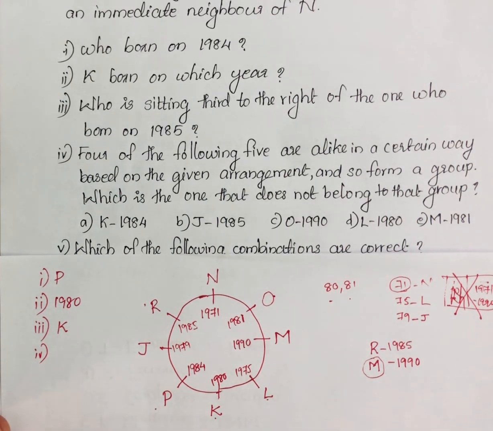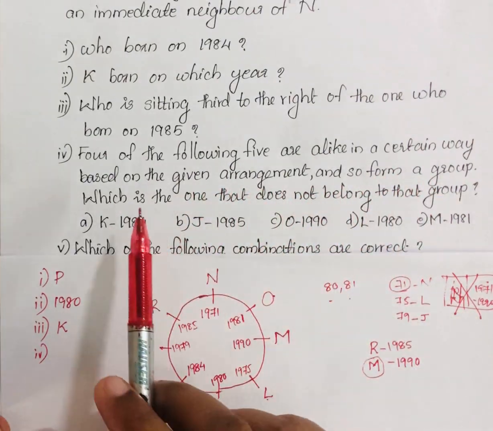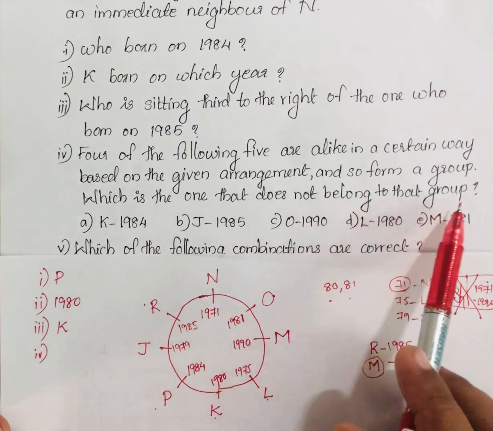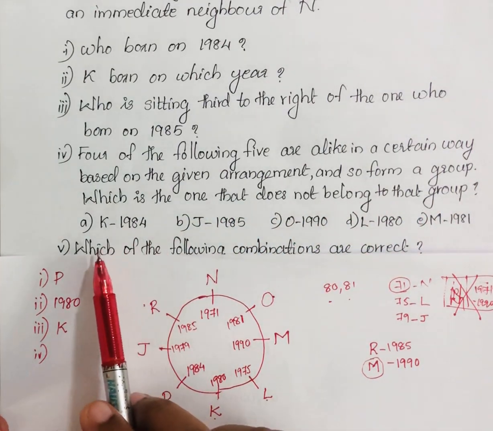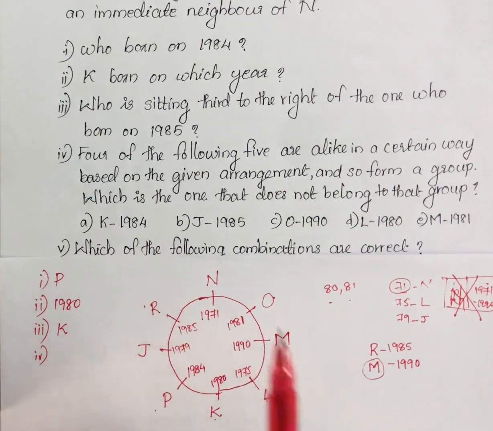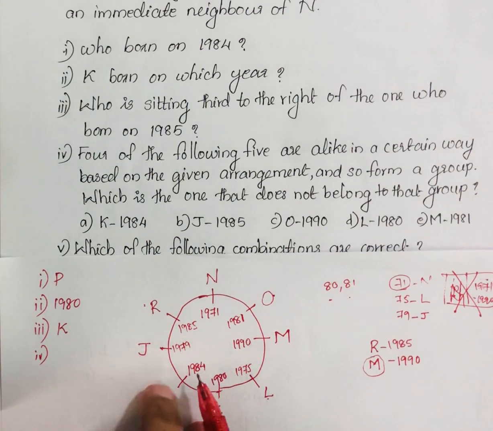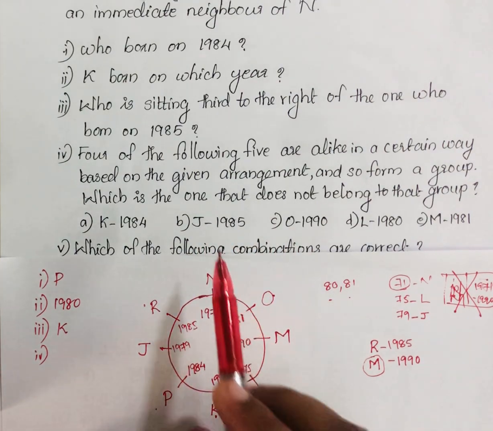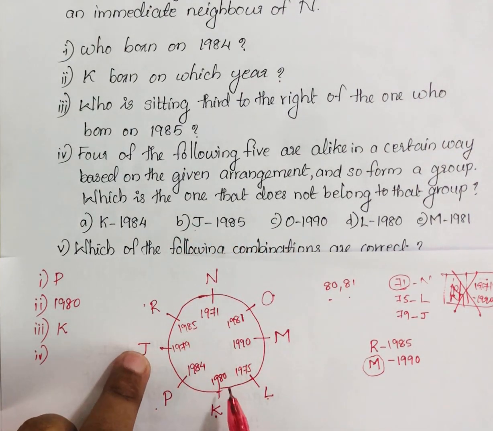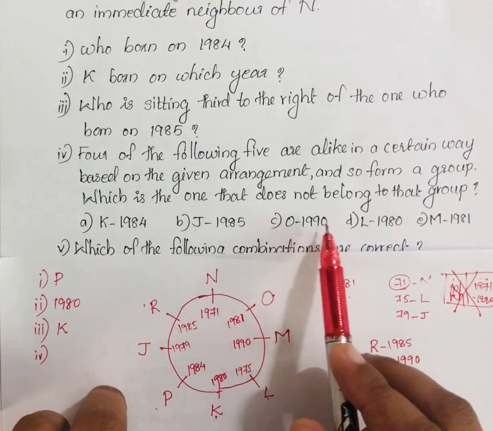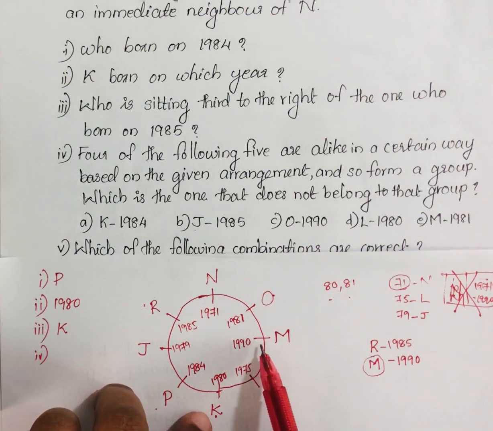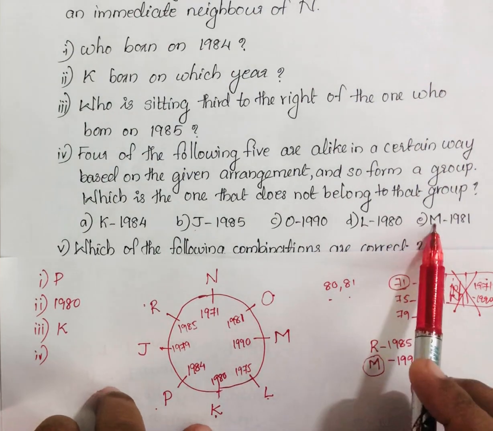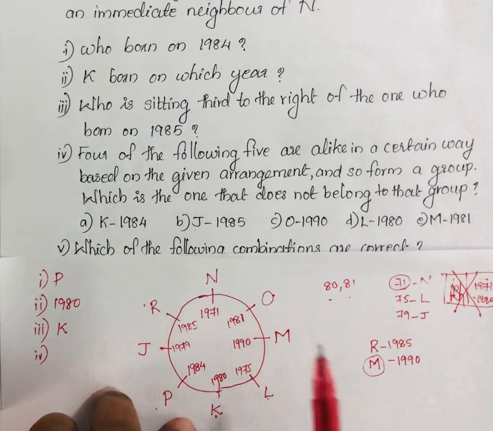Then next question. 4 of the following 5 are alike in a certain way based on the given arrangement and so form a group. Which is the one that does not belong to that group? Here options are given. K 1984, J 1985, O 1990, L 1980, M 1981.